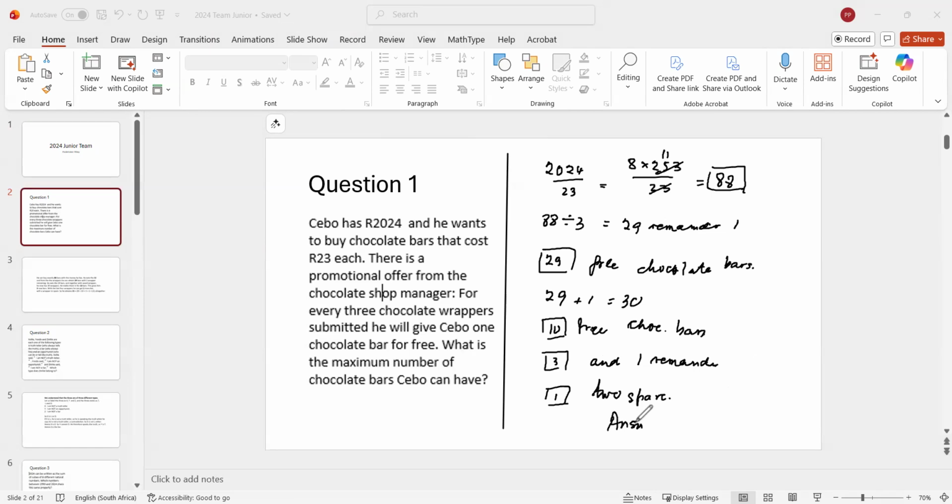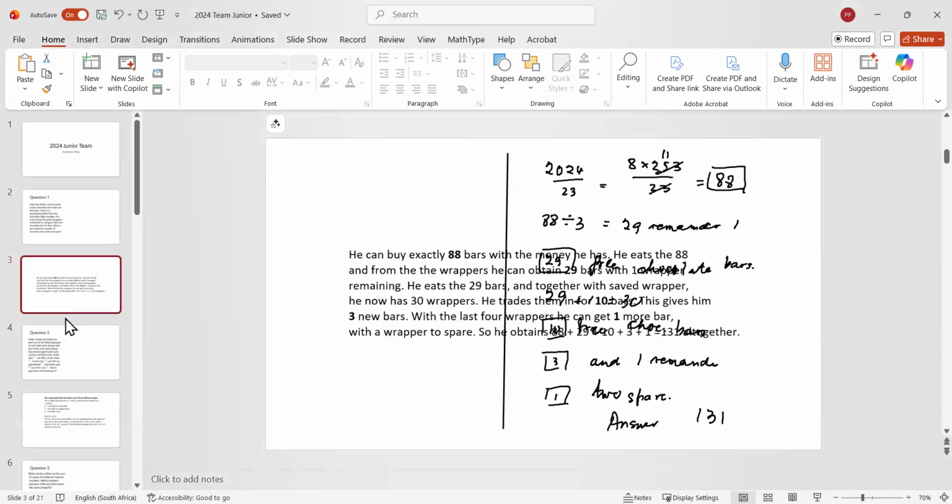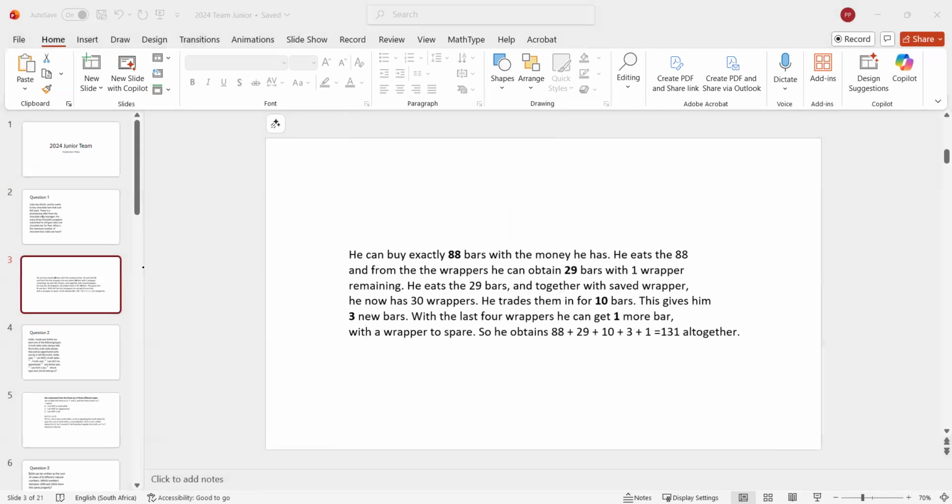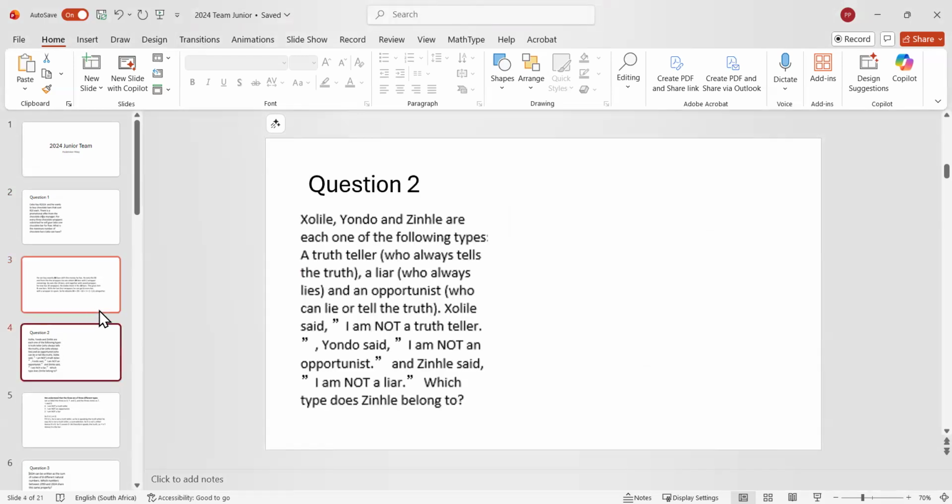So the number of chocolates he has is 131. All right, and as usual, we quickly look at the solution which I have and see whether my calculations were correct. Yes, I see 131 at the bottom. So it coincides. Right, so now let's get on to the next question.